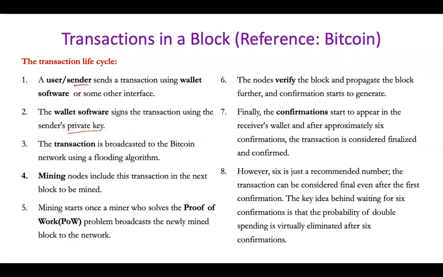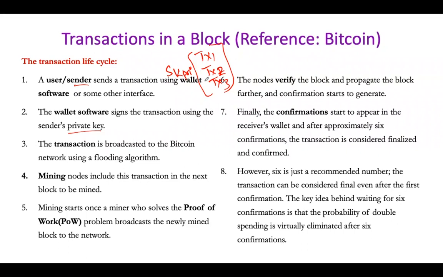And once they are signed, let us assume transaction 1, transaction 2, suppose transaction 3. So these transactions will be signed by the wallet software by using the private key of your sender. Then you will get signed transactions, meaning you will get the digital signature.